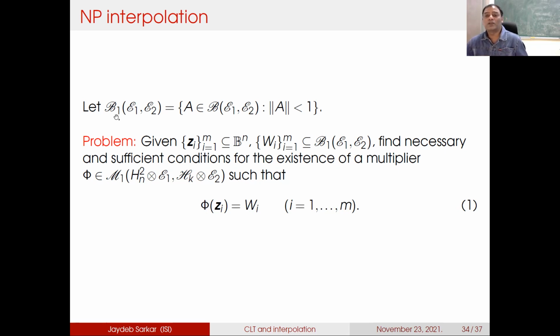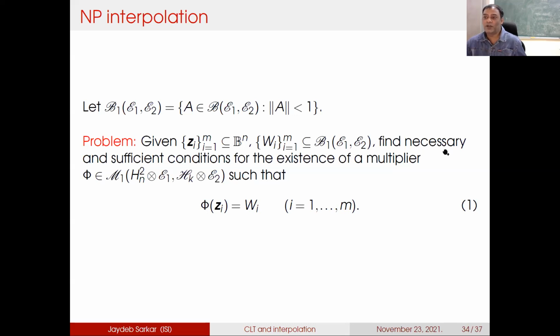So here is the notation: B of 1, E1, E2 is the set of all operators from E1 to E2 whose norm is strictly less than 1. And the Nevanlinna-Pick interpolation problem, as you can state now: given m nodes Z1 up to Zm in B_n, and W_i operators from E1 to E2, strict contractions.